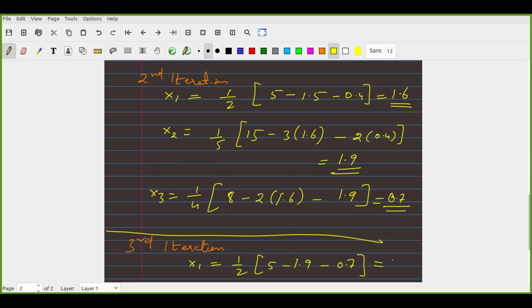This turns out to be 1.2. You can check it. These two minuses are like 2.8. 5 minus 2.8 is like 2.2, divided by 2 is 1.1, I guess.